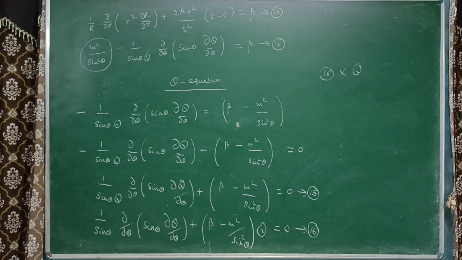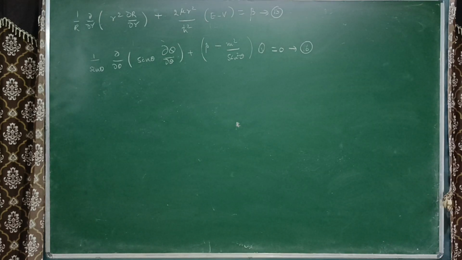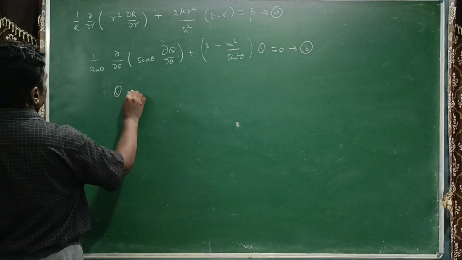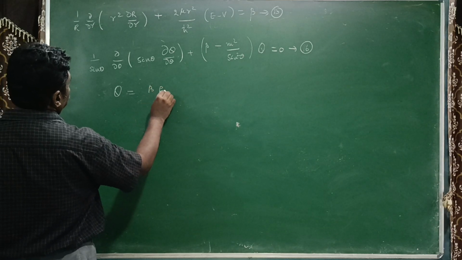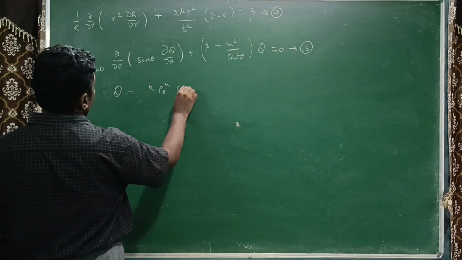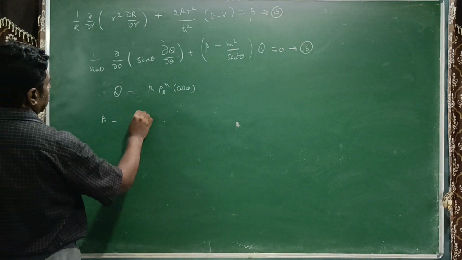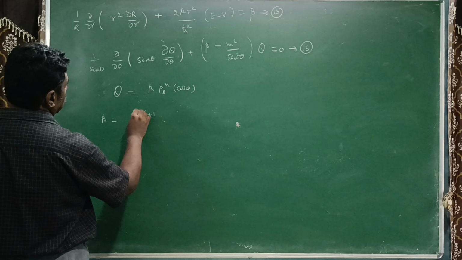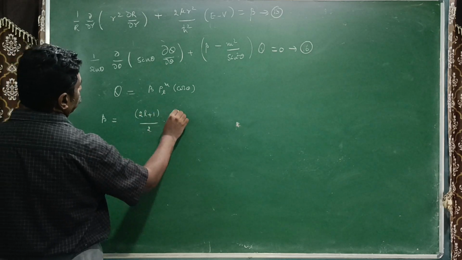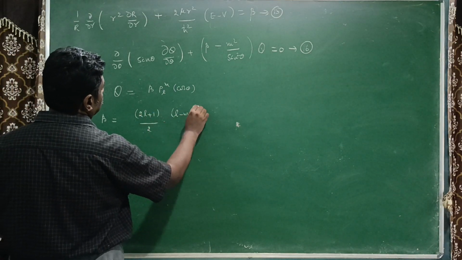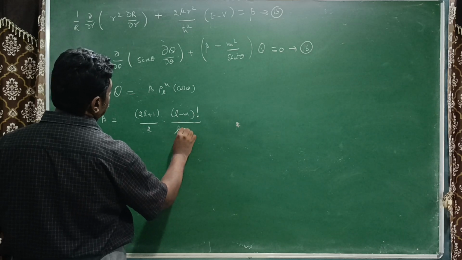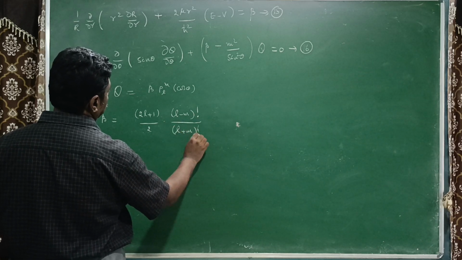We have had the solution already. In the case of rigid rotator, we arrived at the solution. To solve the theta equation, the solution is theta equal to b times P l m of cos theta. Here b is a normalization constant whose value is the square root of 2l plus 1 divided by 2 into l minus m factorial divided by l plus m factorial.